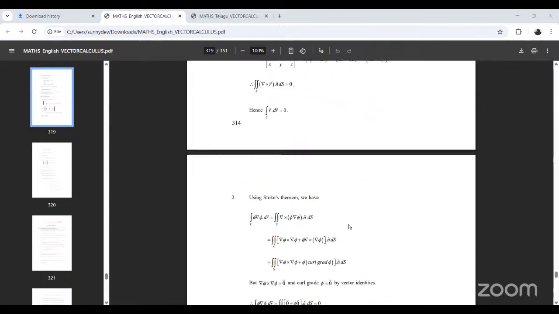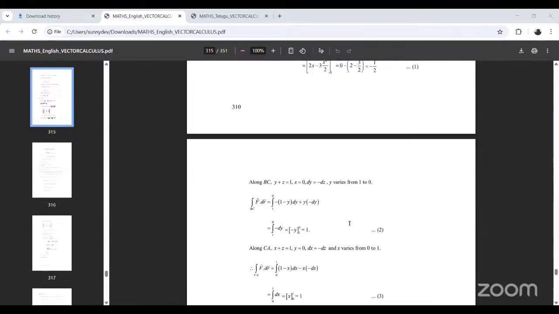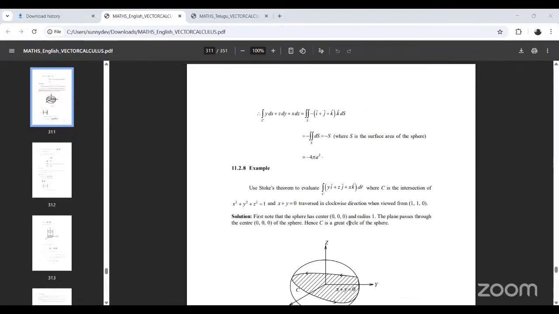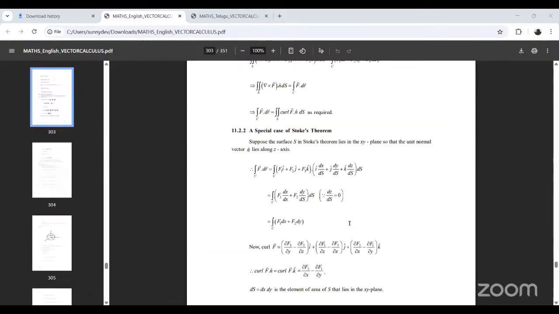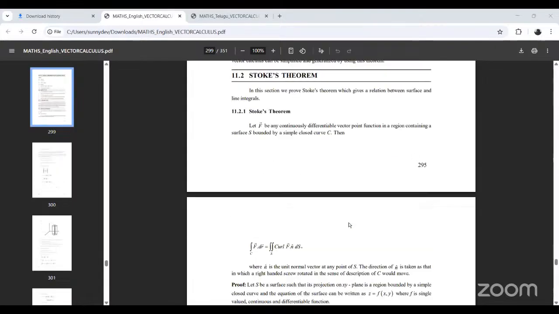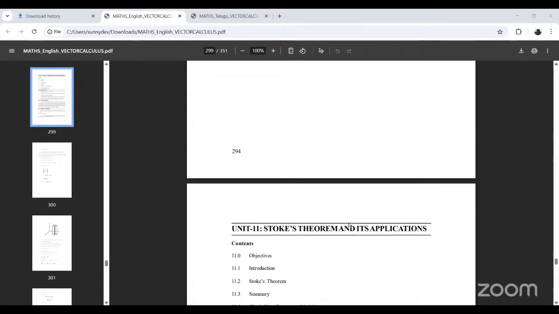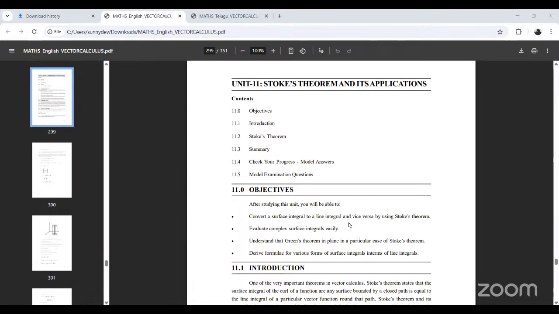Let's see some previous problems about the Stokes theorem also. Today we are going to do Stokes theorem and its applications.